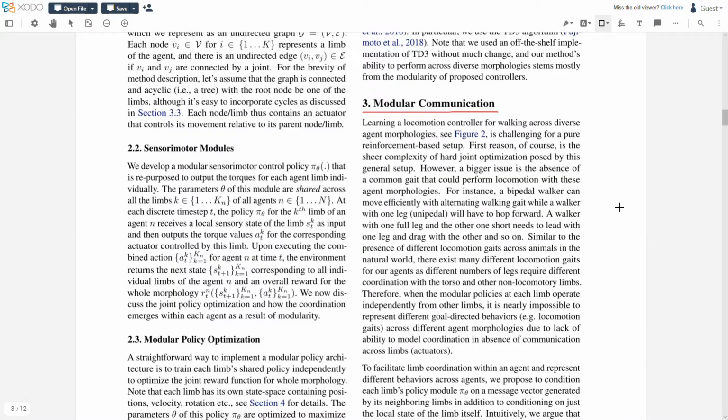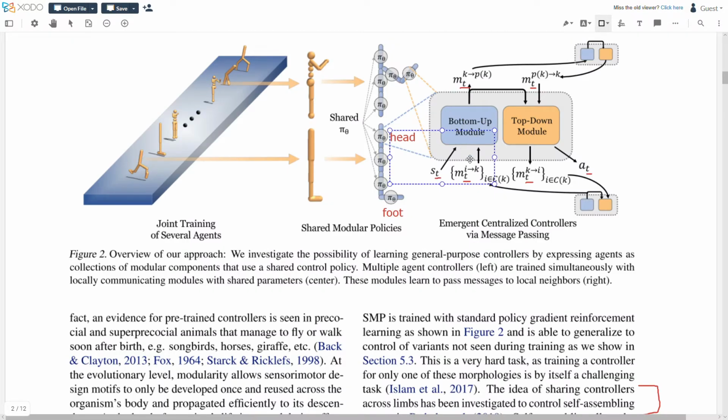Okay, now let's look at the modular communication. This is figure 2. We can notice that the subscripts are all t, which means all messages are passed instantaneously to one another, which also means that if I'm the head, I can instantaneously feel what's happening on the foot.